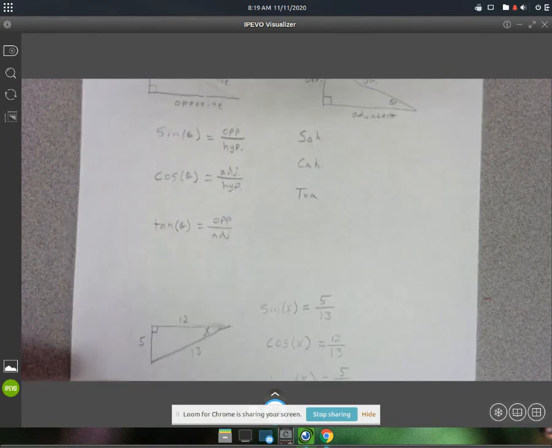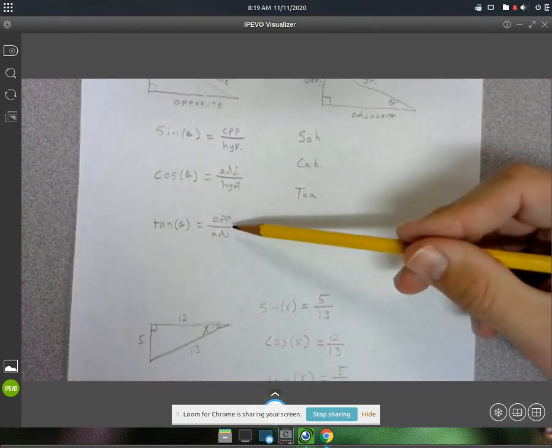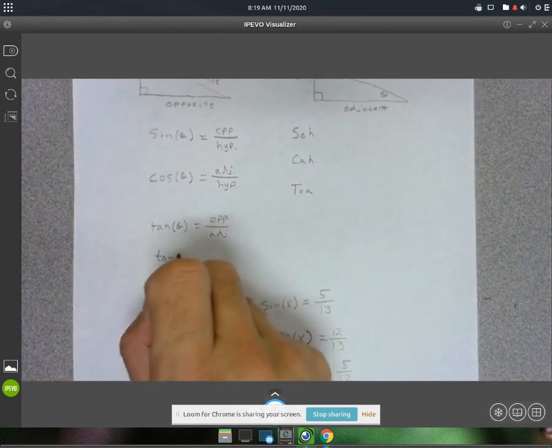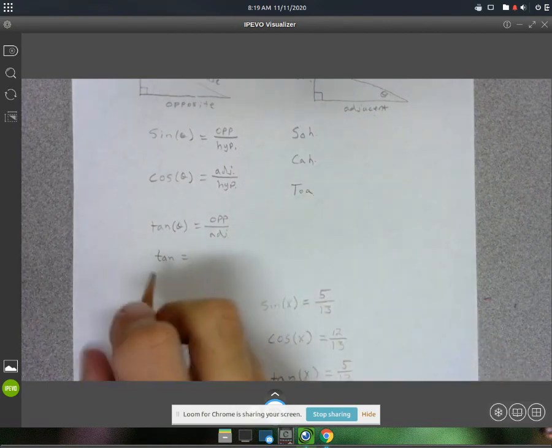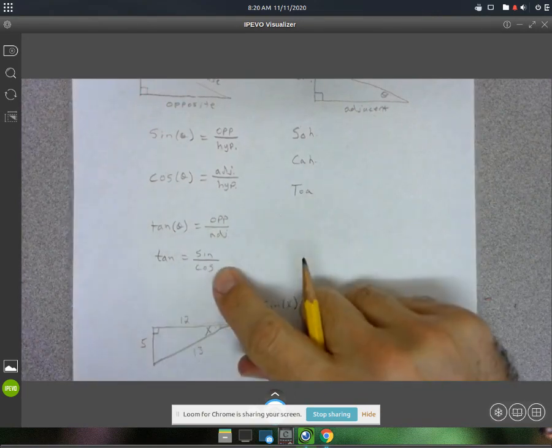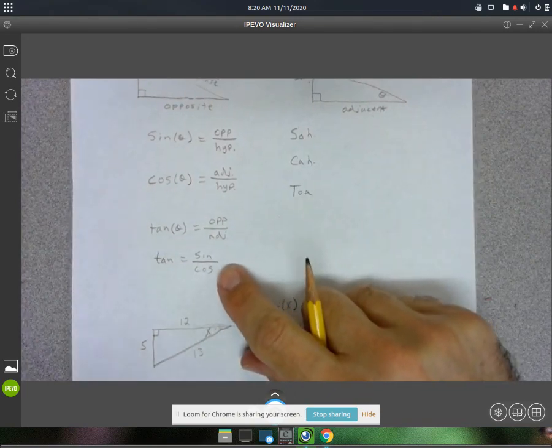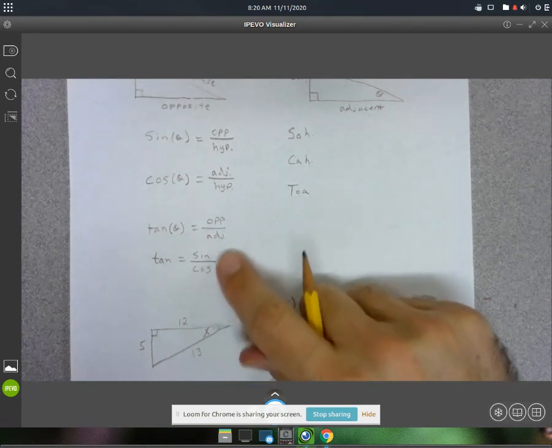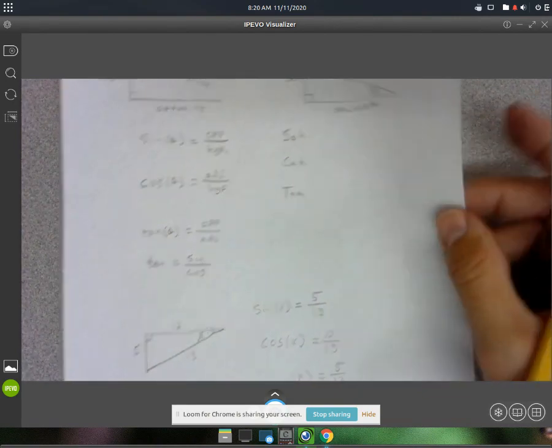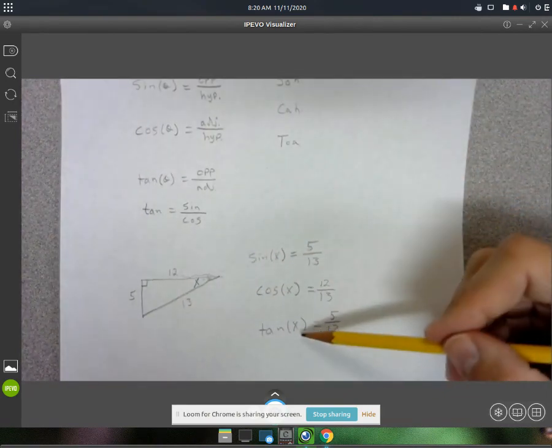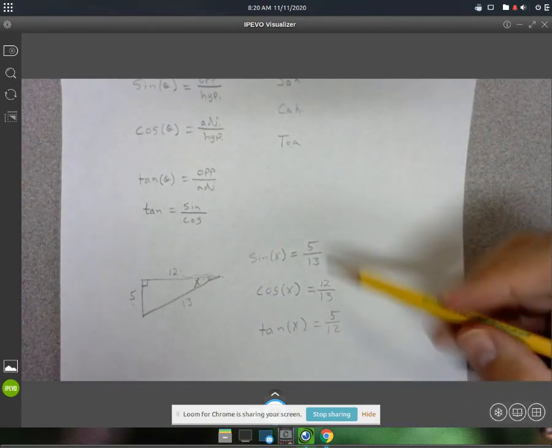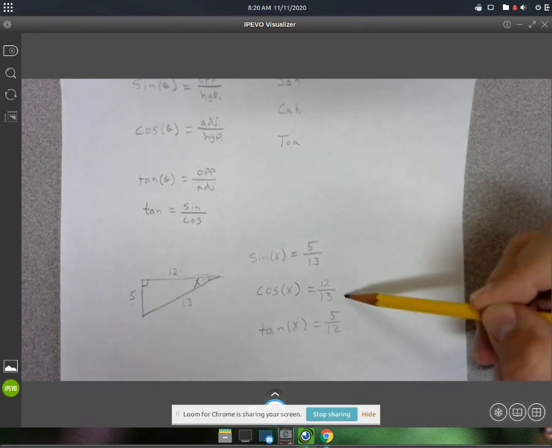Another common way that they define tangent, I'll leave out the theta here: tangent can also be defined as sine over cosine. This is going to be pretty helpful later. You can use this relationship to find sine of x or cosine of x if you know tangent of x. It's kind of a handy tool. So instead of defining tangent of x to be 5 over 12, which is obviously easy, you could define it to be sine over cosine.